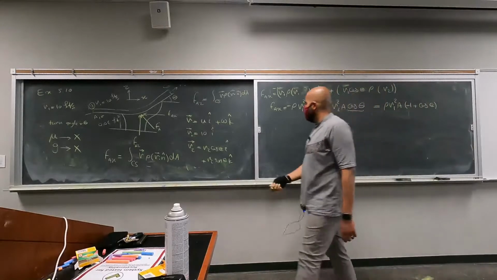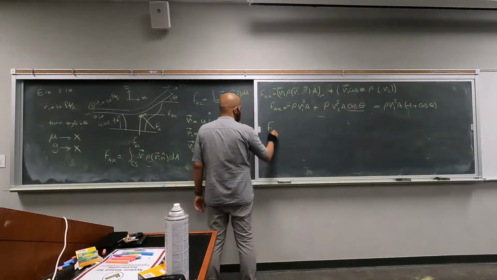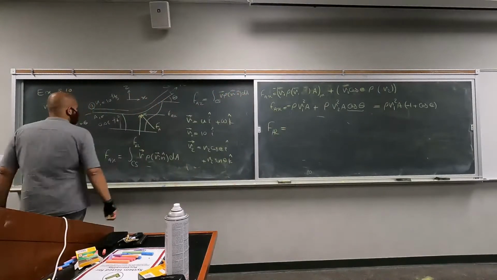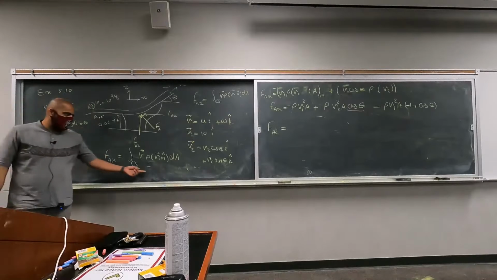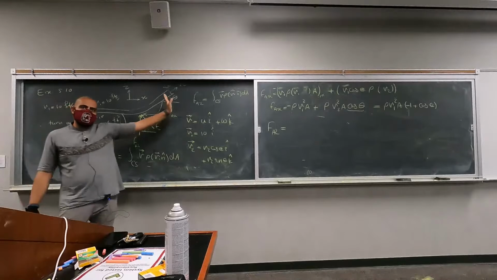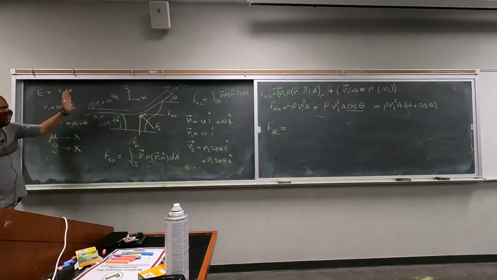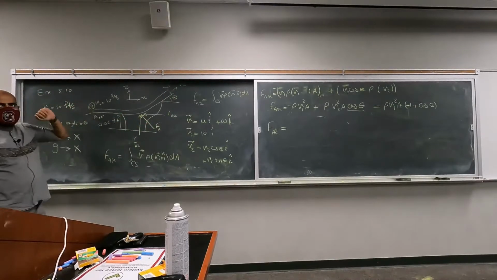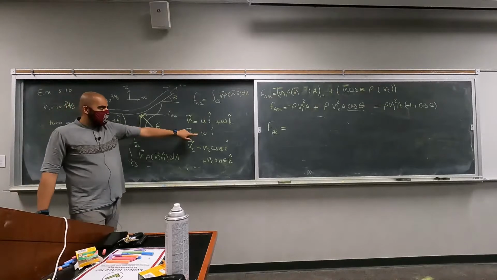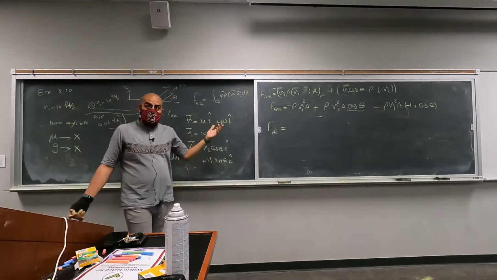In the z direction, the only force we have is F_Az, right? And then we have to take this integral over two surfaces, surface 1 and surface 2. What is the velocity in the z direction on surface 1? Zero, right?